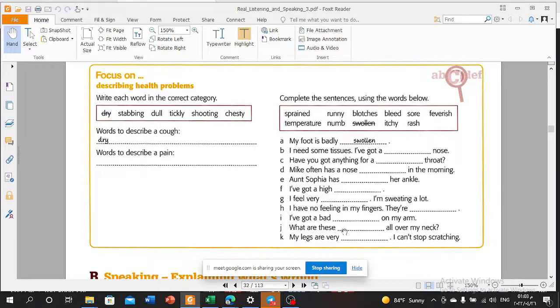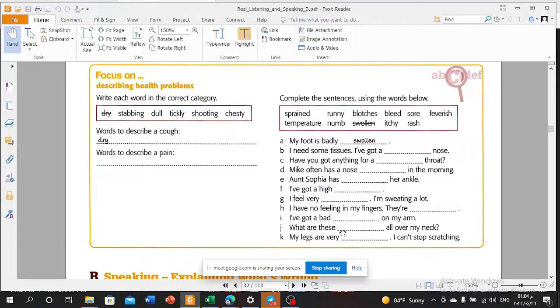These are some kind of spots which would also appear on the skin. My legs are itchy. I can't stop scratching. Here, the thing that leads you to scratch your own body is it being itchy.